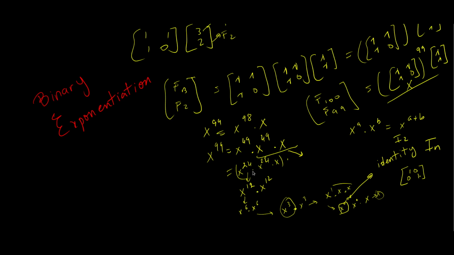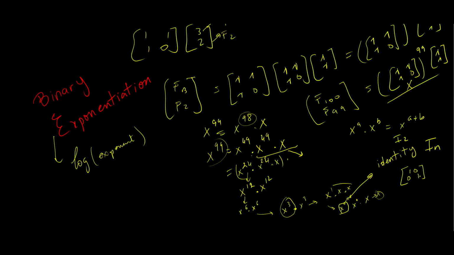Then another here to get x to the 12th, then another here to get x to the 24th, then 2 other multiplications here to get x to the 49th, then 2 multiplications here to get x to the 99th. So you can see here that the multiplications we made are way fewer than the 99 we had to make in this approach. And in general, binary exponentiation only does log of the exponent many multiplications.